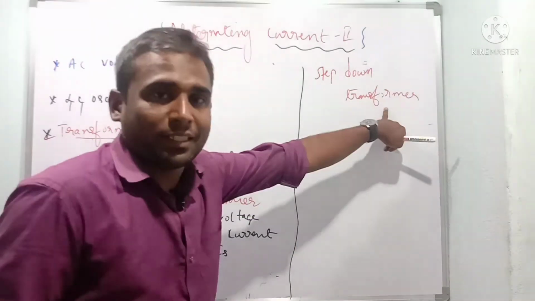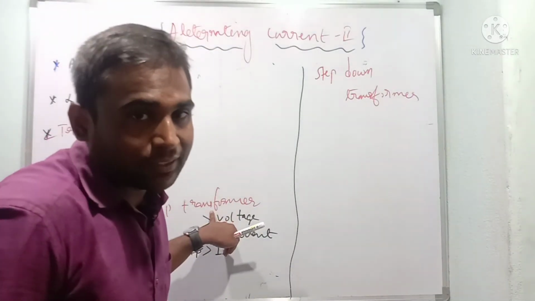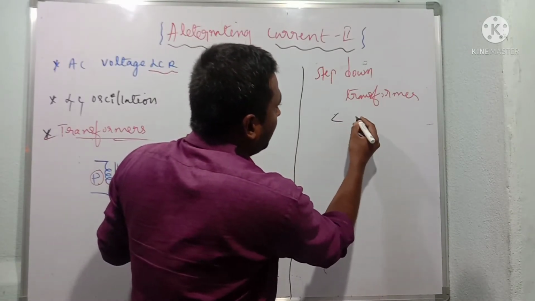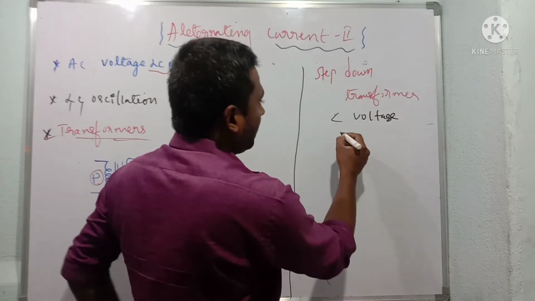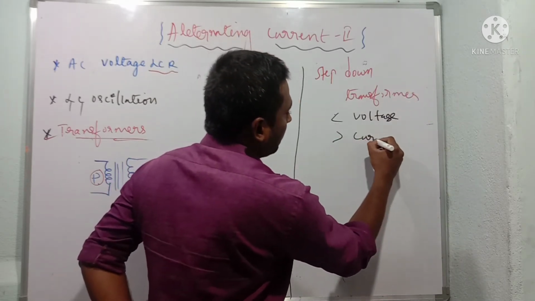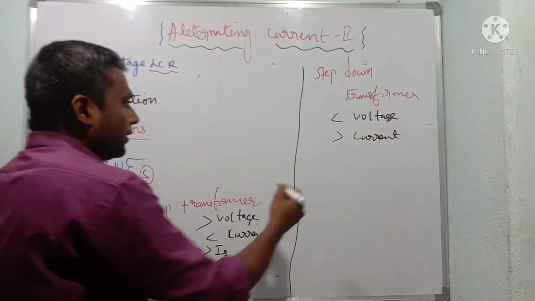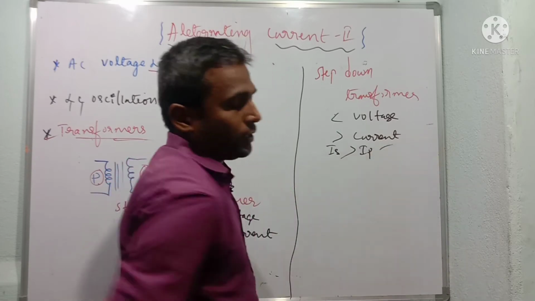Voltage is going to be decreased. Here, substation to main station, voltage is going to be increased. Now here, what happens here? Which decreases the voltage and increases current. Very, very important. And here current in the secondary coil is more than primary coil.